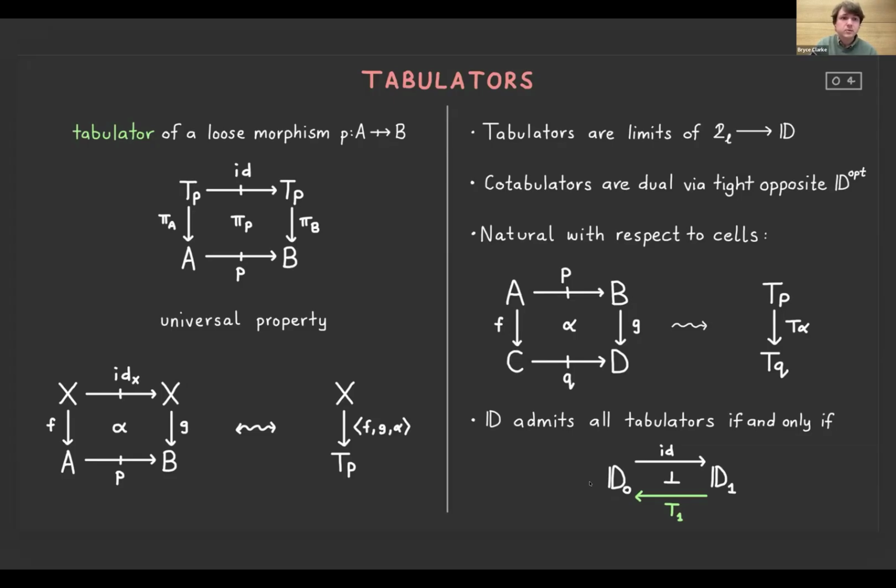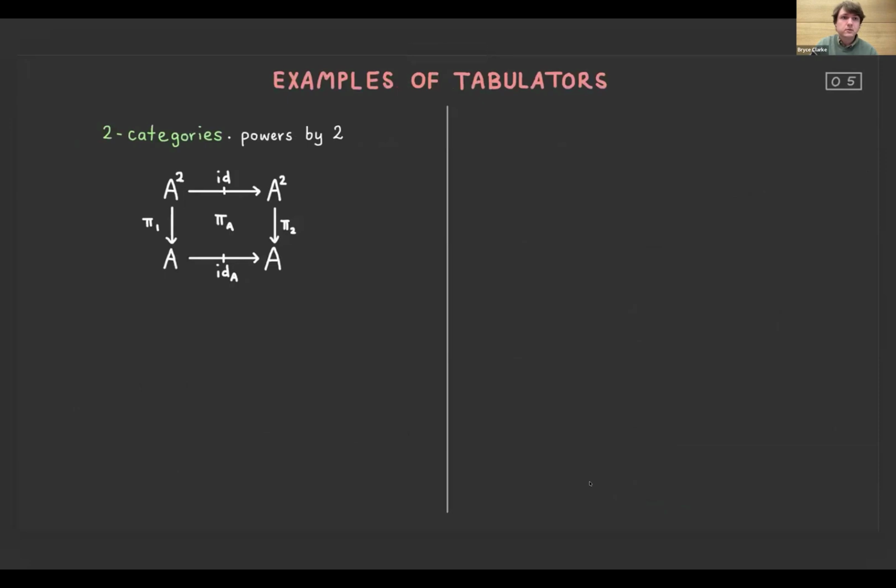And maybe I should give you some examples. First we'll look at examples in the special cases of double categories that I mentioned. If we're in a 2-category, or a double category that's equivalent to a 2-category, then tabulators are just the same as powers by 2. Again, remember that in this instance all of our loose morphisms are identities. To give a tabulator is to give some object A^2, together with an identity morphism in a cell like this with projections.